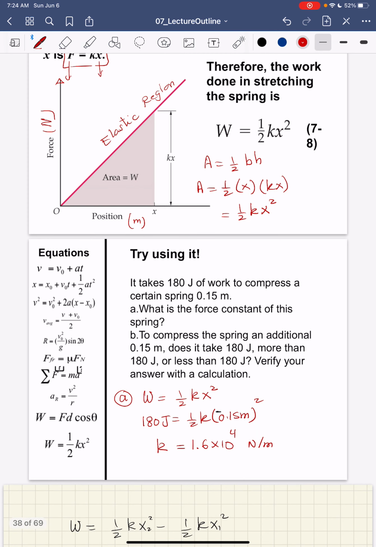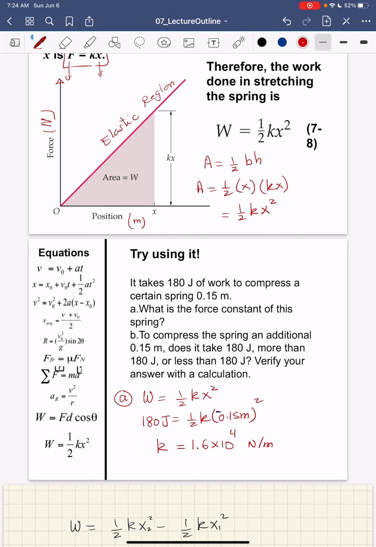Okay, if it takes 180 joules of work to compress a certain spring 0.15 meters, what is the force constant of the spring? This information was provided for us just to calculate k, and then W here, we know it is 1/2 kx squared. We spend 180 joules of work, then it is 1/2 k times negative 0.15 meters.